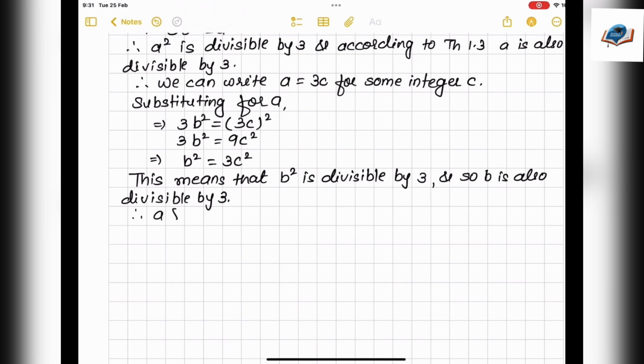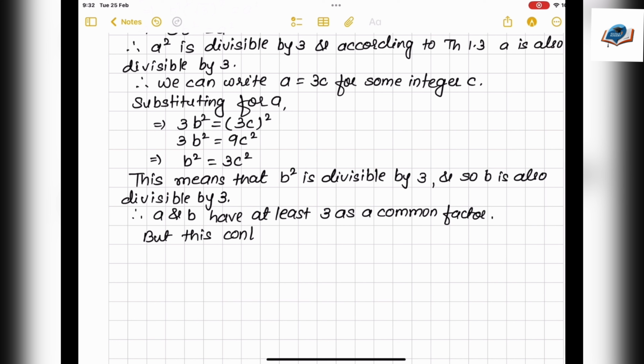Therefore, a and b have at least 3 as a common factor. But this contradicts. Therefore, root 3 is irrational.